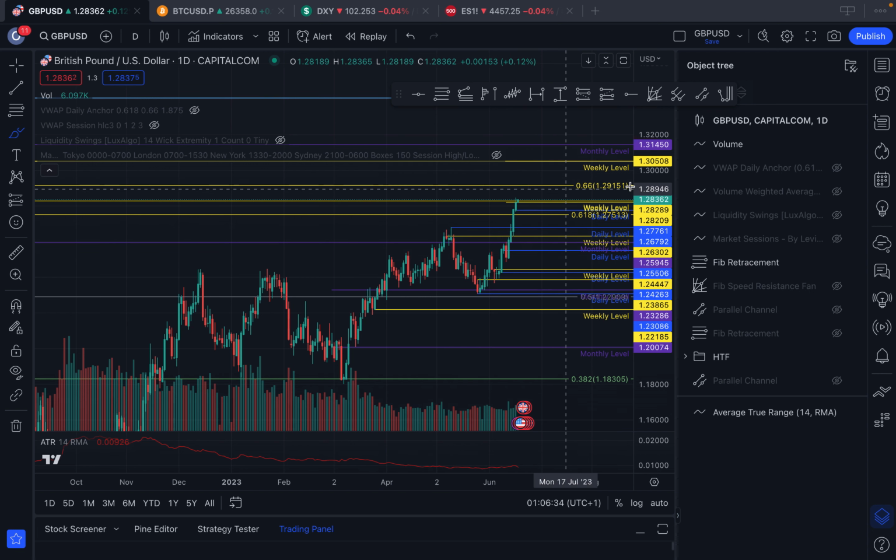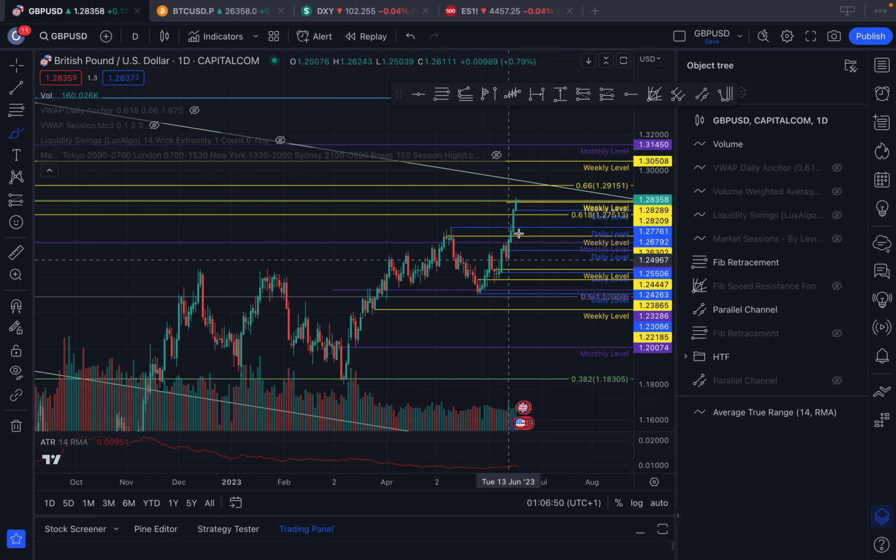Okay, and then if we add our parallel channel to this as well, we've got that coming up here as well. So think of it, it is coming up to a lot of higher resistance at the moment. We've got the 6.6 level, and what I've noticed is a few times when you do the retracement, it goes through the 6.6 level before coming back down or going back up. So it may well look like we go through the 6.6 level and then come back down from there.